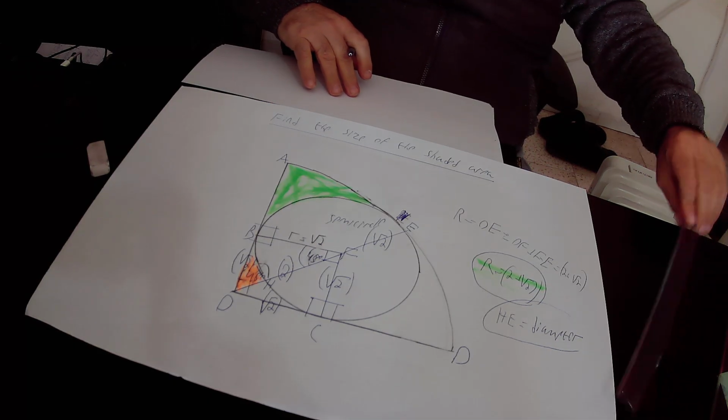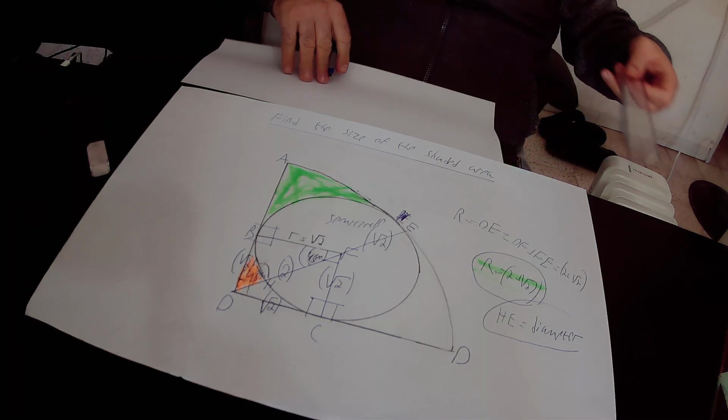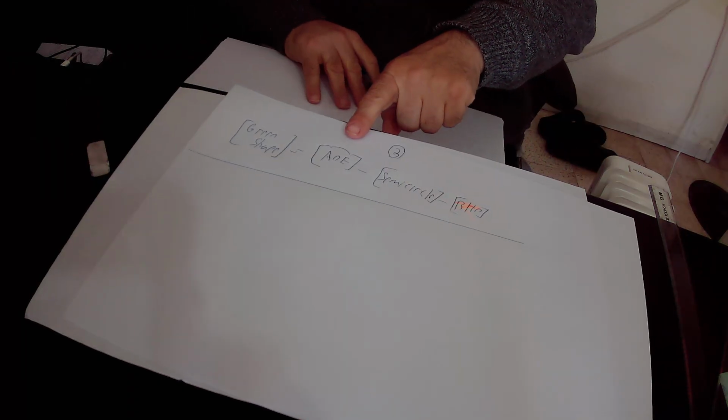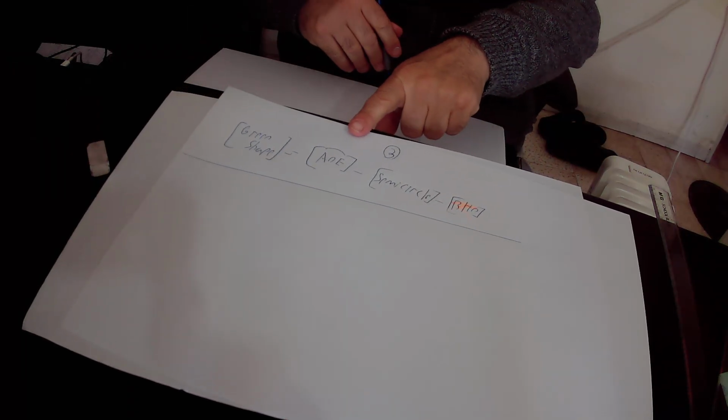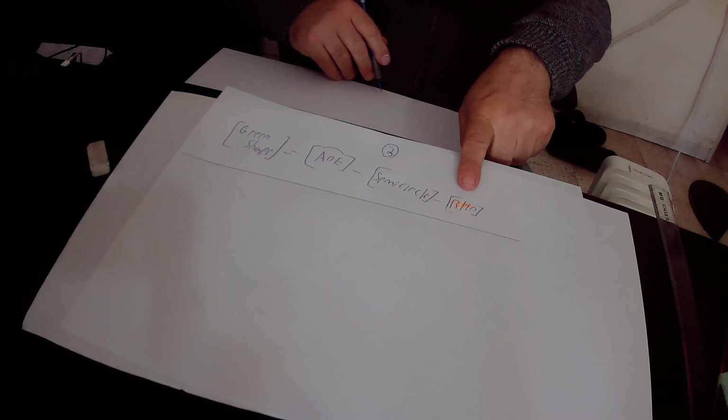Repeat again. The area of the green shape in total equals the area of the big sector AOE minus the area of the small semicircle minus the area of the orange shape BHO.